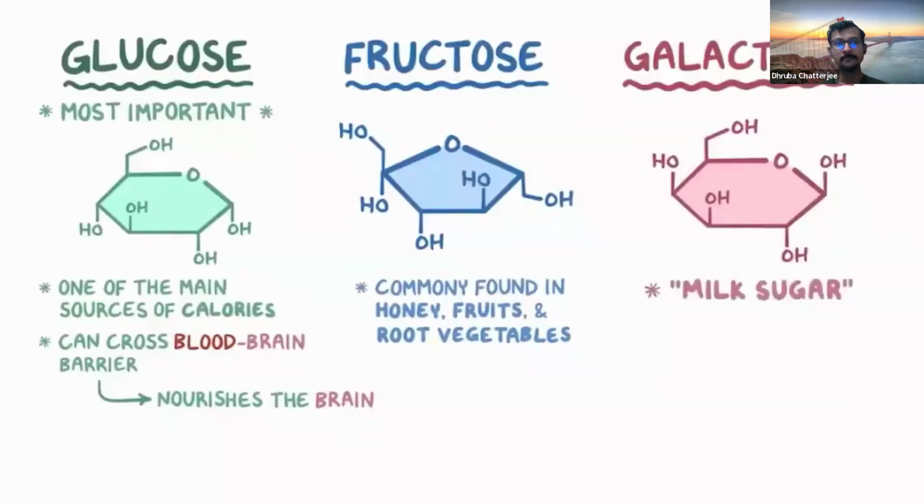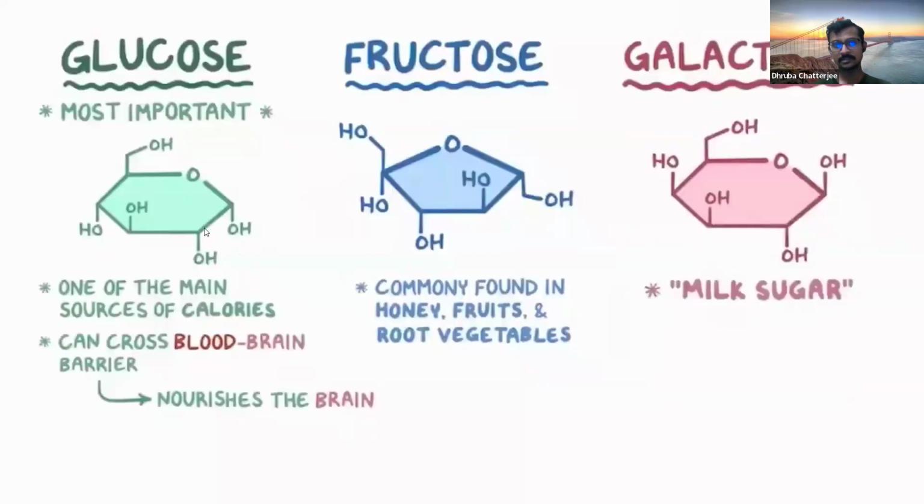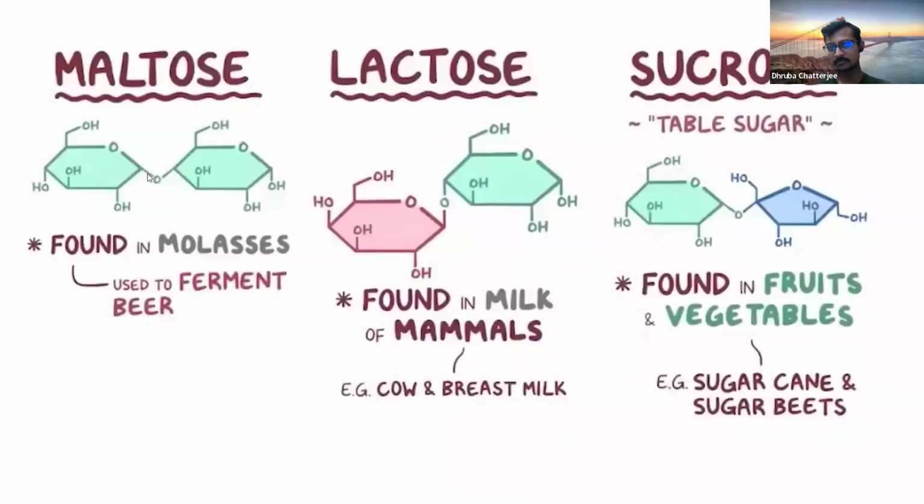Now, in the case of disaccharides, for example, two glucose molecules can get linked via formation of a certain type of glycosidic bond to form maltose, whereas glucose and galactose are joined together via a glycosidic bond to form lactose.